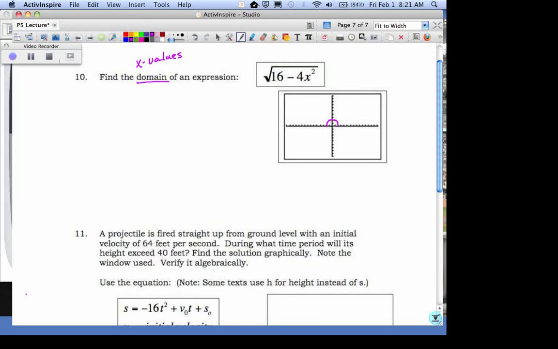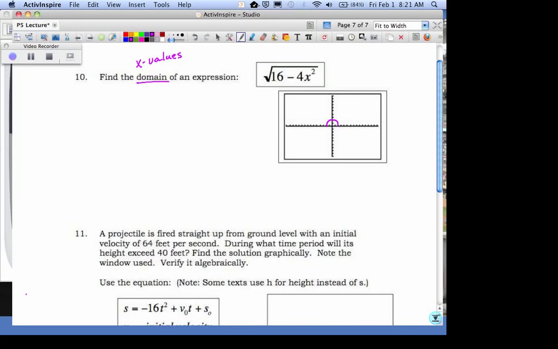Can you take the square root of 0? Yes. Try it. Can you take the square root of 1? Yes. Can you take the square root of -4? No. Can you take the square root of 4? Yes. Can't take a square root of a negative.